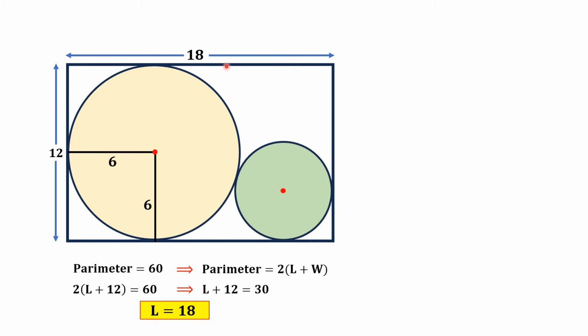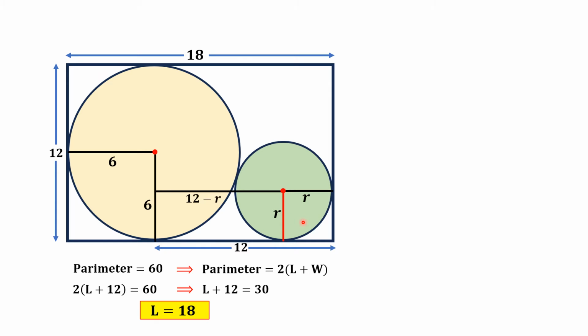Since the length is 18 units and the radius of this larger circle is 6 units, this remaining length is 12 units. Let's call the radius of the smaller circle r.